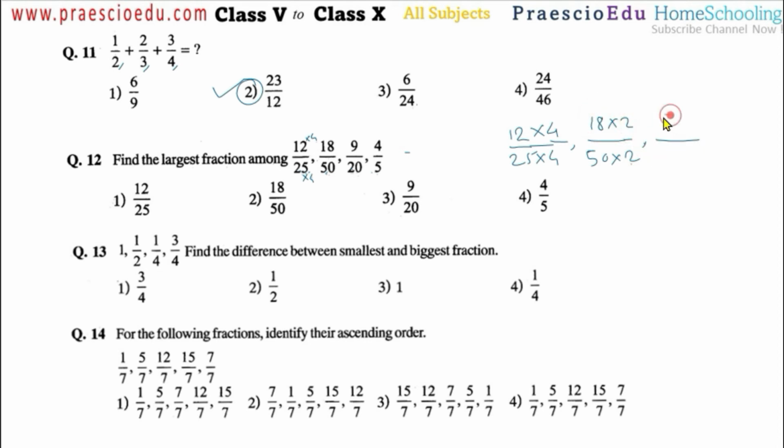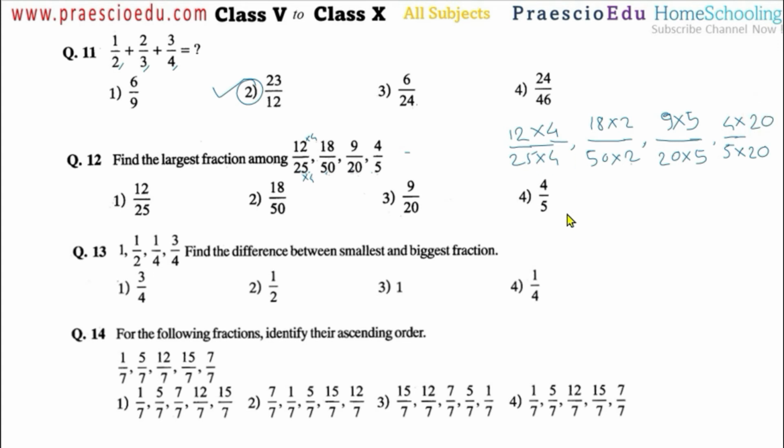Next one is 9 by 20, so this 20 should be converted to 100, so multiply by 5, and the same 5 should be multiplied in the numerator also. Then 4 by 5, so 5 to be converted to 100 means multiply by 20, and this 20 should be multiplied to the numerator also.